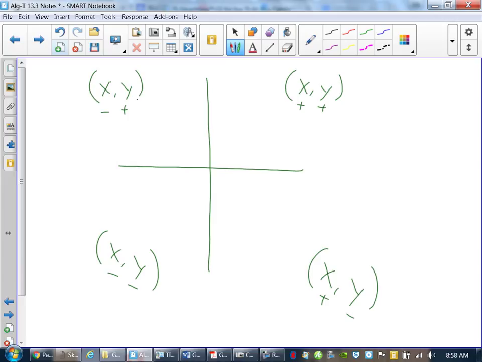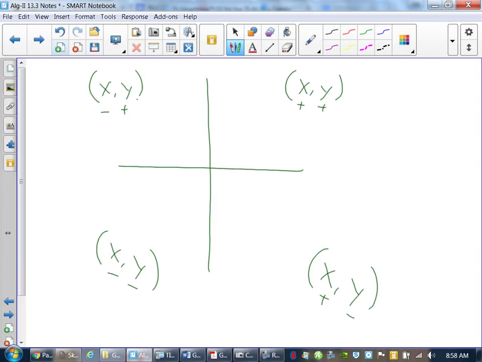Since cosine values are your x values, is the x divided by r, was your radius ever negative? Can the radius ever be negative? Because you're squaring it for the Pythagorean theorem. Since you square everything through, your radius will always be positive. So no matter what happens, you're just looking at your ordered pairs.